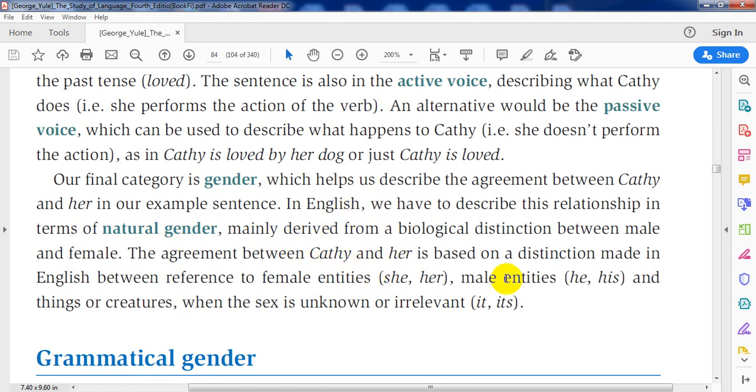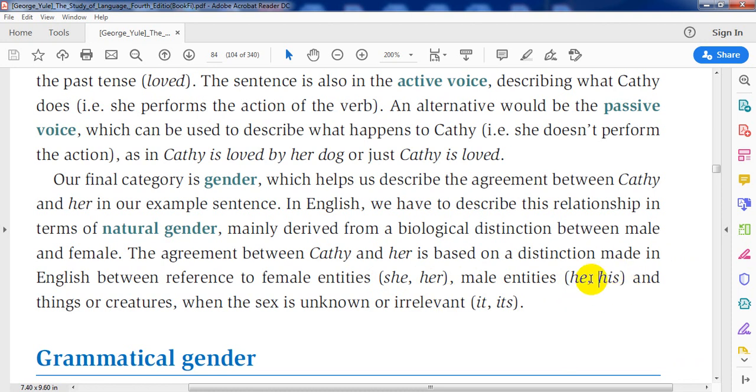For example, here we have a reference for females, while here we have a reference for males, he and his.